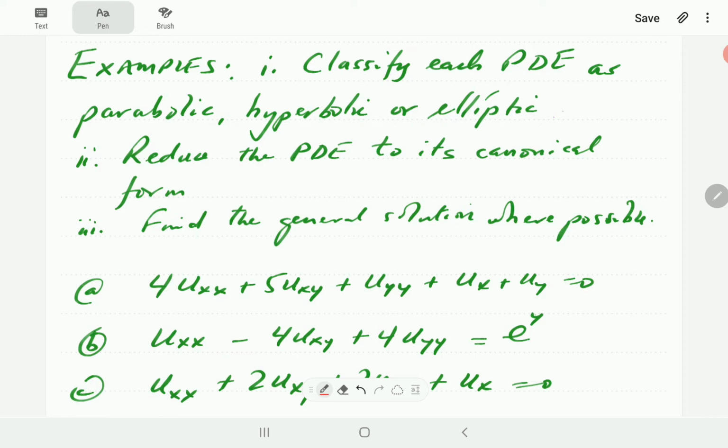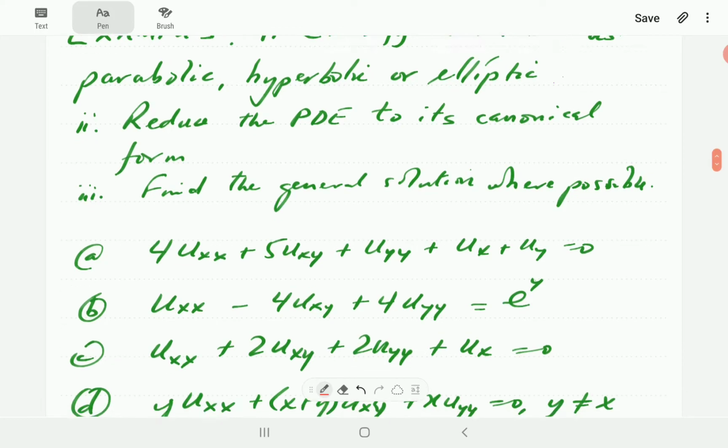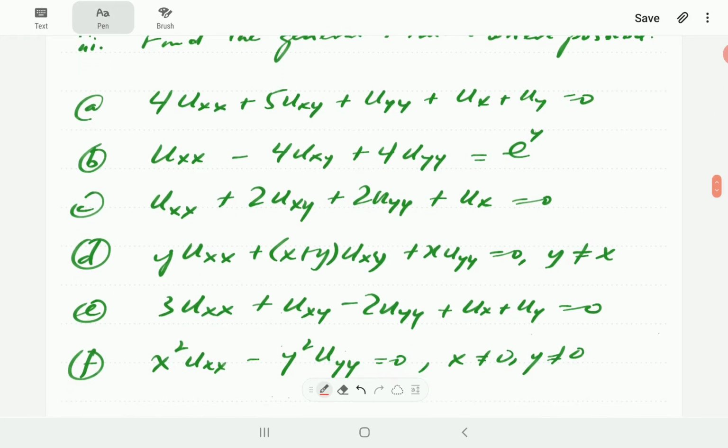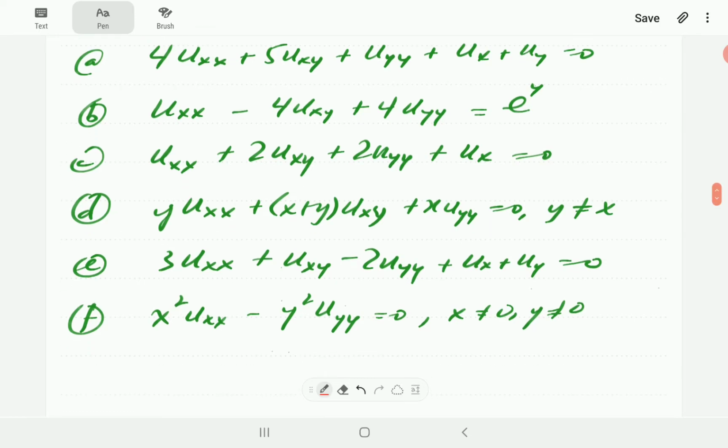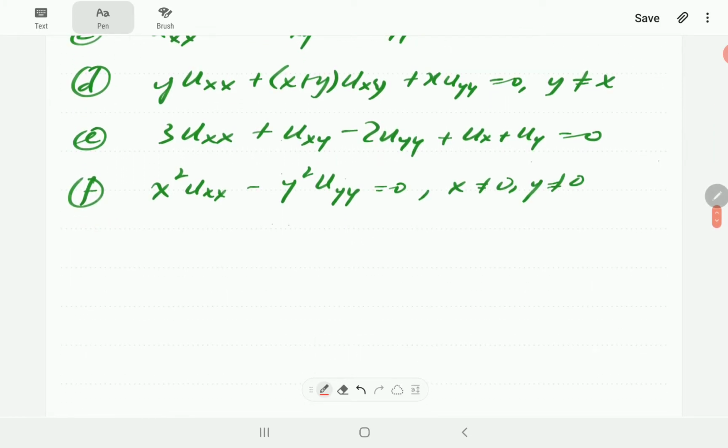We did mention in the part 1 video that in the cases where the PDE is parabolic or hyperbolic, it is often possible to integrate. We will demonstrate that. So in this video, we look to cover A, B, and C, and then D, E, and F we will cover in part 3. Okay, so let's get on with the first one.